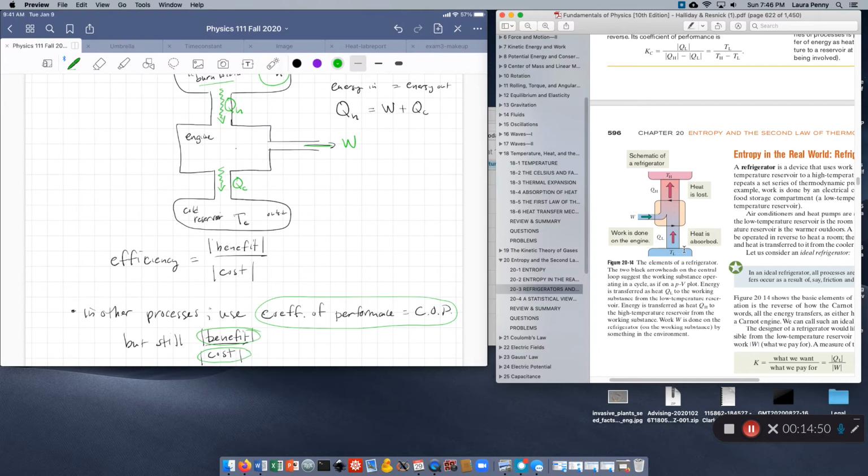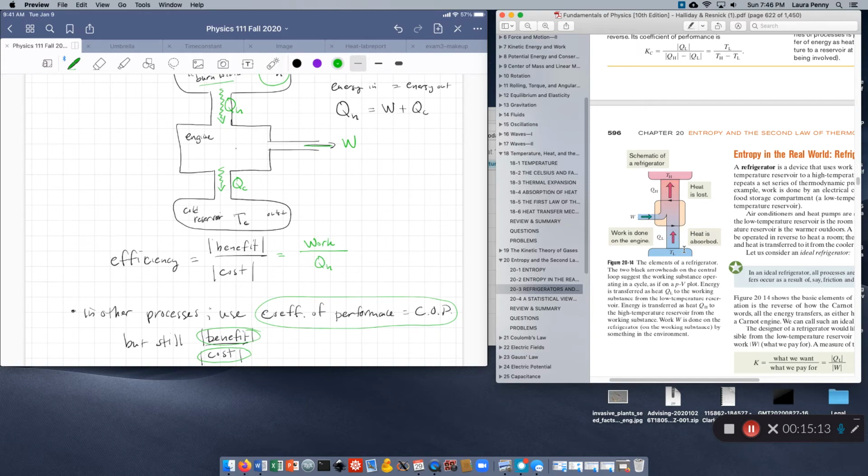What do you have to put in to make the cycle happen? In the case of my engine, the benefit is the work, but the cost is the Q sub H. I have to produce the heat by burning something. So that's my cost. The thing I'm trying to get out of my engine is the work.